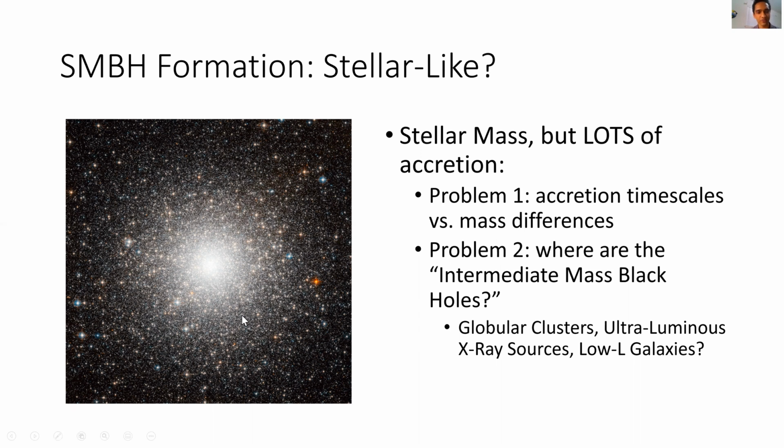For globular clusters, first of all, it's very hard for us to see into the middle of the globular cluster. It's very dense and bright, and it's hard to resolve individual stars. But we can use dynamics there, so we can look at how the stars are moving and try to infer the existence of a black hole. And also, all those stars provide plenty of source material, so perhaps the accretion method could work in a region like that.